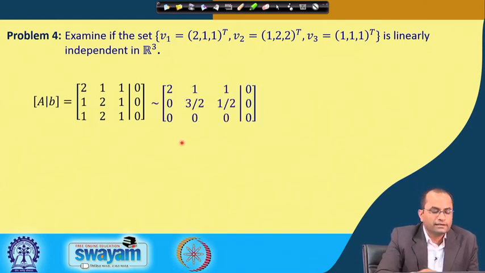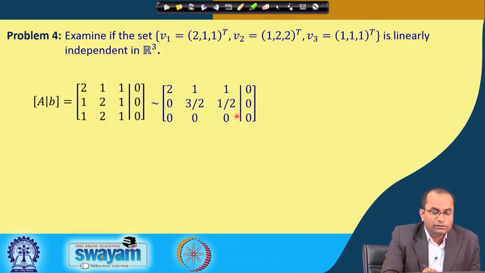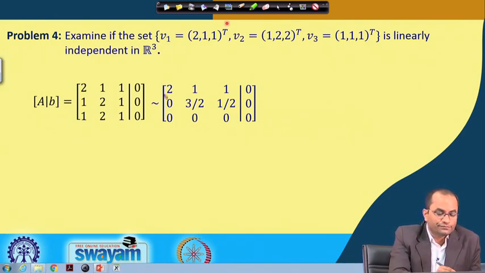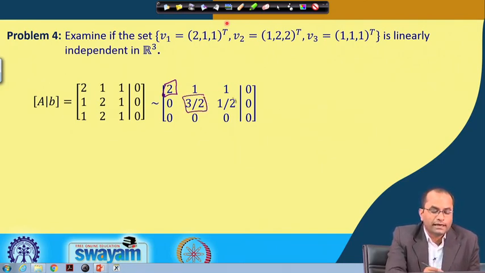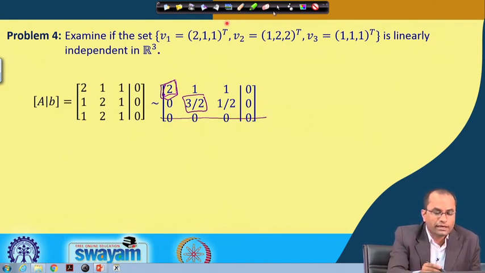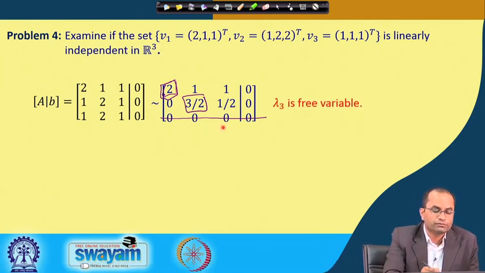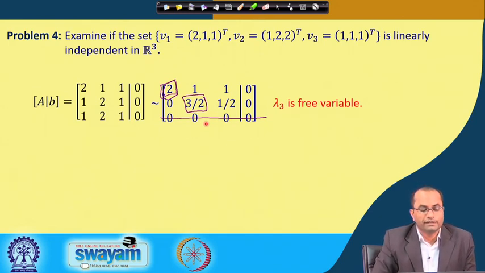Finally we get the row reduced echelon form, where this is the pivot element and this is the pivot element, and the third column will not have a pivot element. So, we have 2 pivot elements here, this is the 0 row, and we have a free variable, lambda 3, corresponding to column 3.